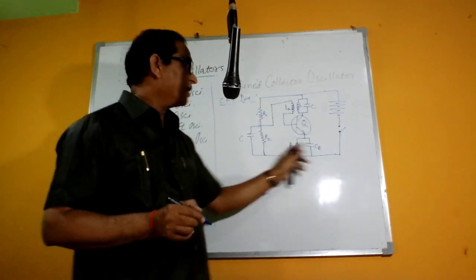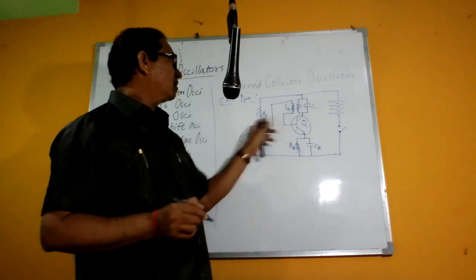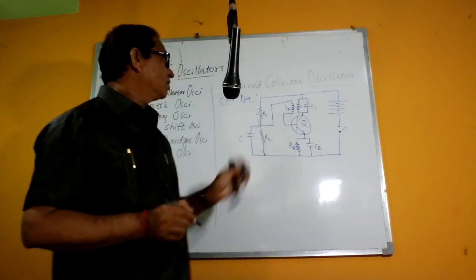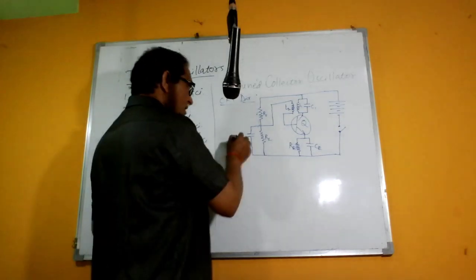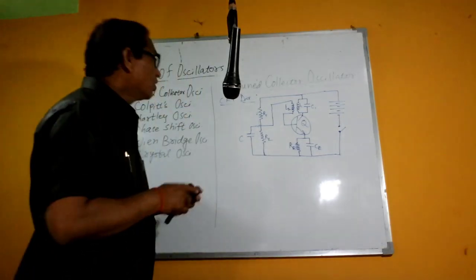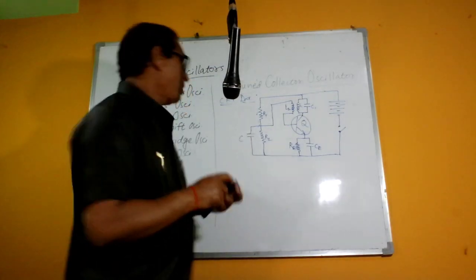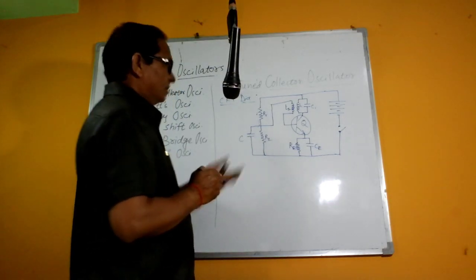These are the RE and CE for the emitter biasing. This is the biasing with the help of R1 and R2 to the transistor. A voltage divider element is used, and the capacitor C provides the low reactance to the oscillations. So this is the circuit diagram. Now we shall see the working of this circuit.